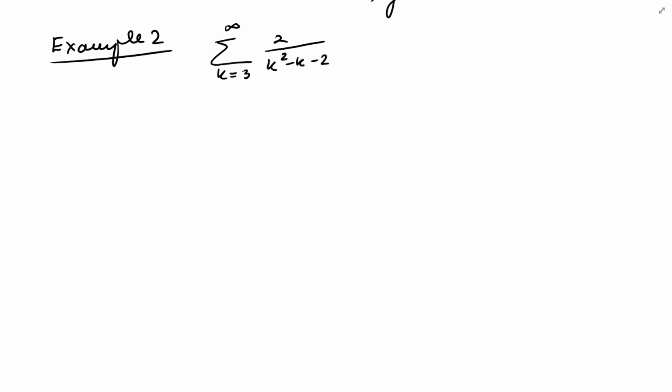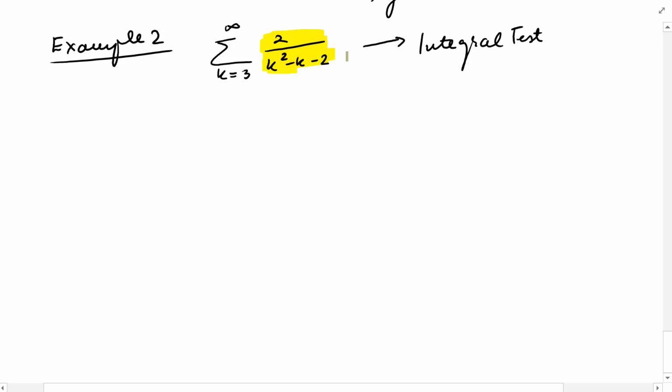Let's try the integral test. So that means we are going to create our integral from 3 to infinity, because the series starts at 3 and goes to infinity, of 2 over x squared minus x minus 2 dx.